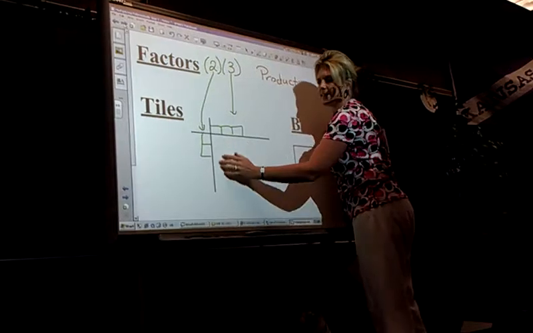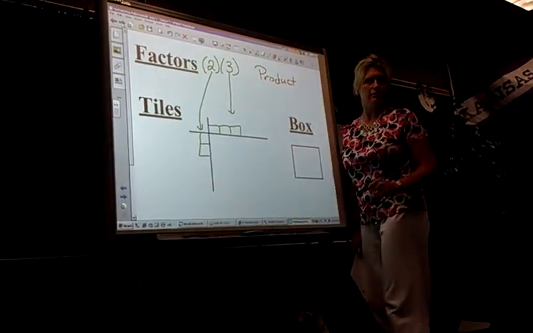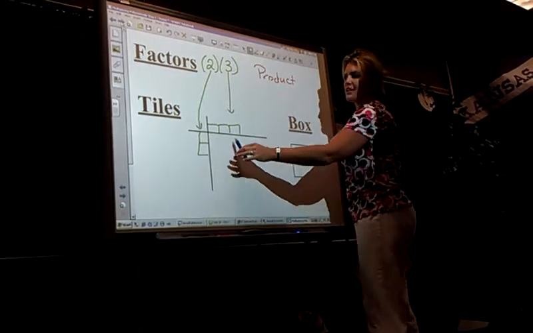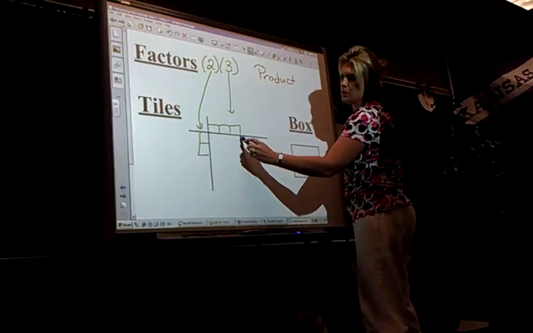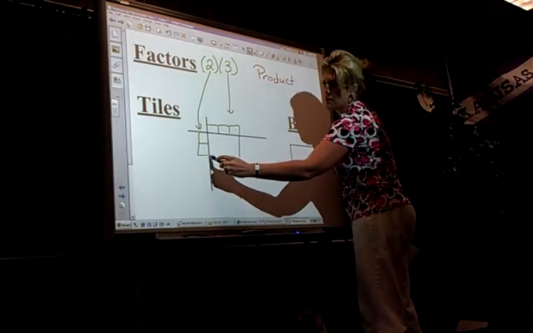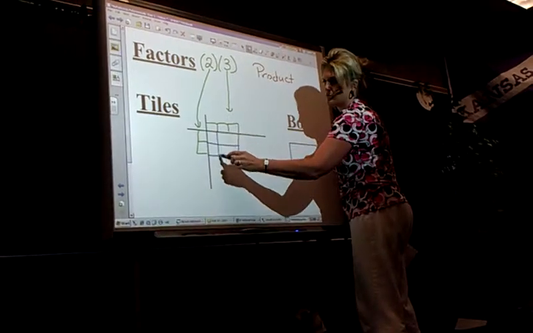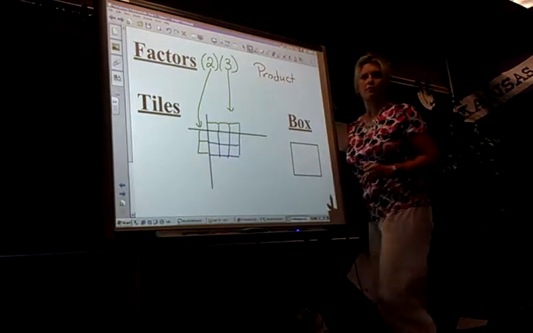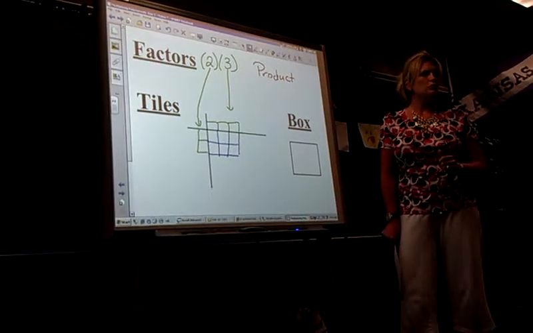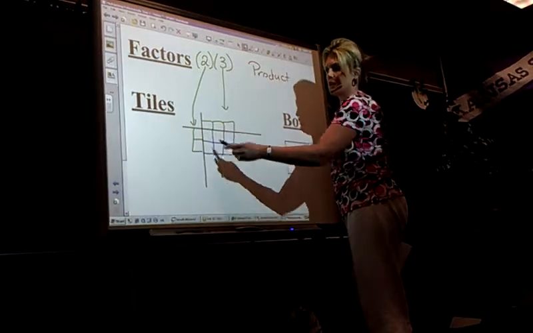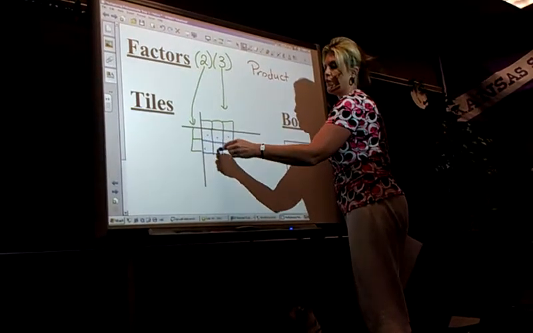What we're going to get inside here is the product. Now I'm going to continue my lines and draw a rectangle down here, connecting my lines. Right now I have 2 times 3. What is 2 times 3? 6. Here it is: 1, 2, 3, 4, 5, 6.